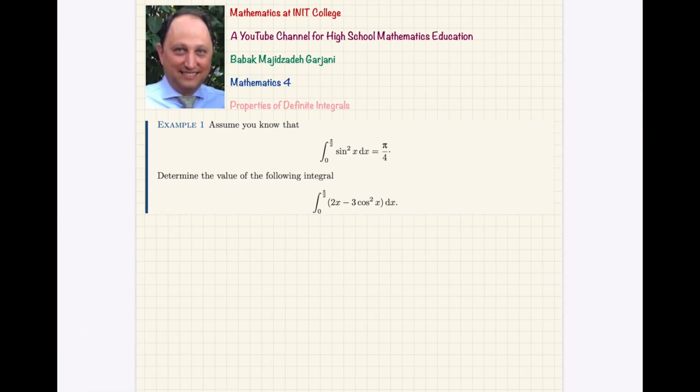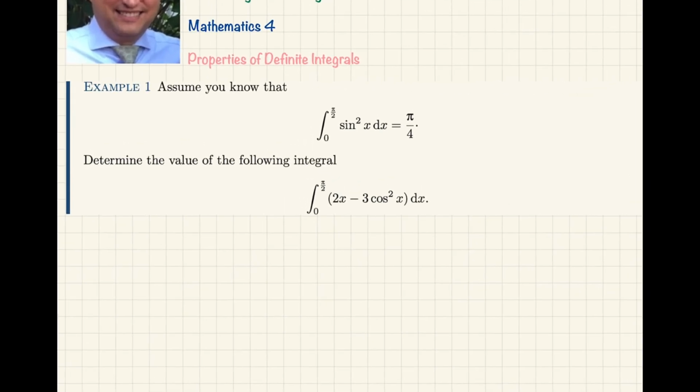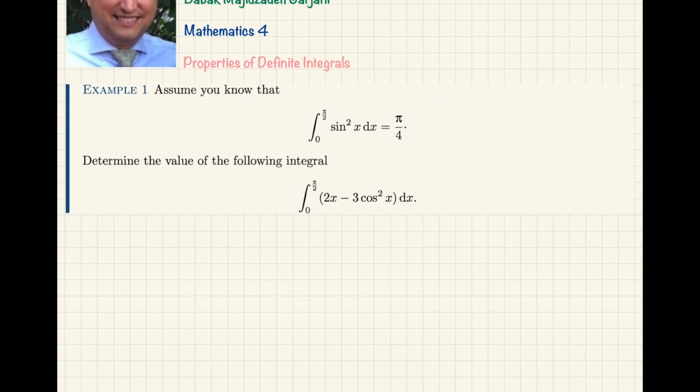So one example that I was thinking about was something like this. This is telling you that assume you know that this integral is pi over 4. Of course, this is not very hard. If you are following the lectures, in principle, you should be able to calculate this and confirm that this is exactly pi over 4. And I think it's a very good exercise to do that.